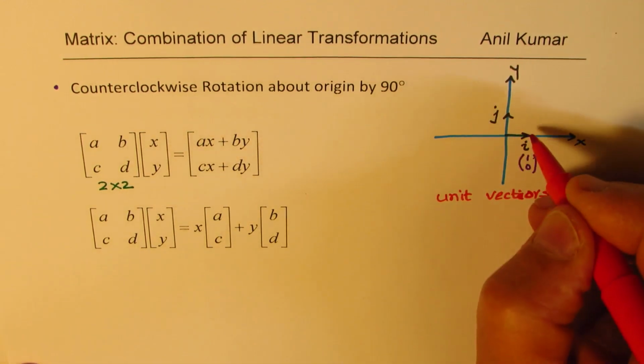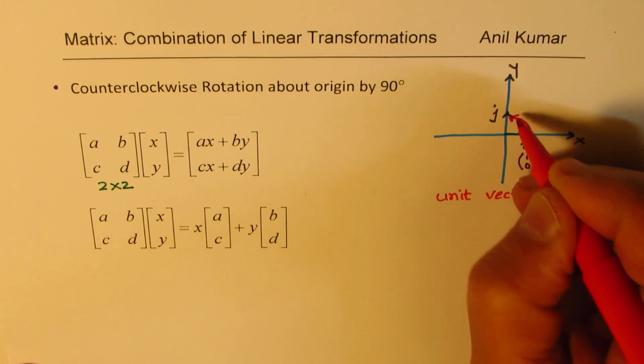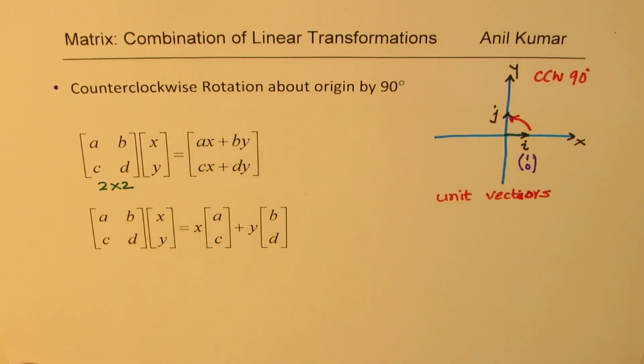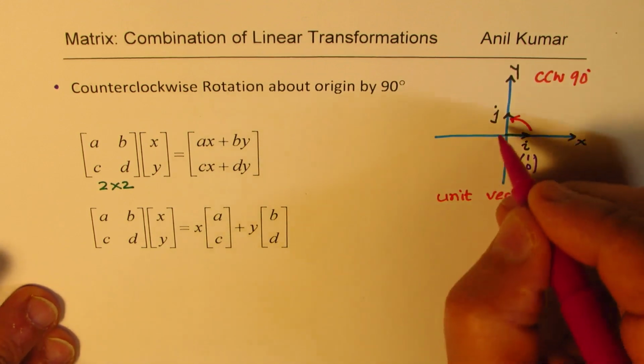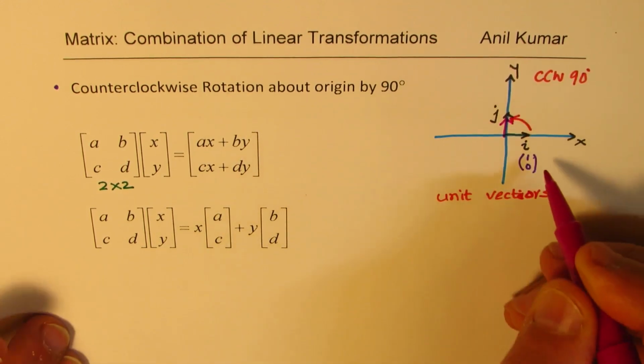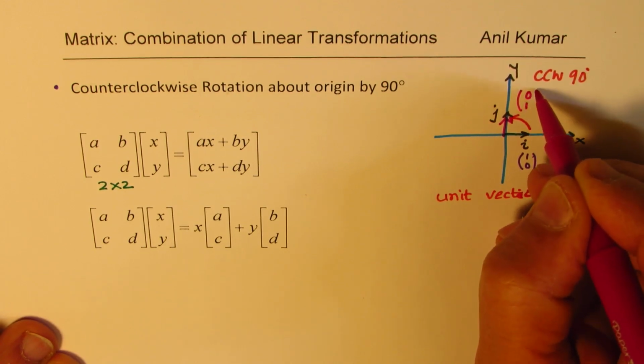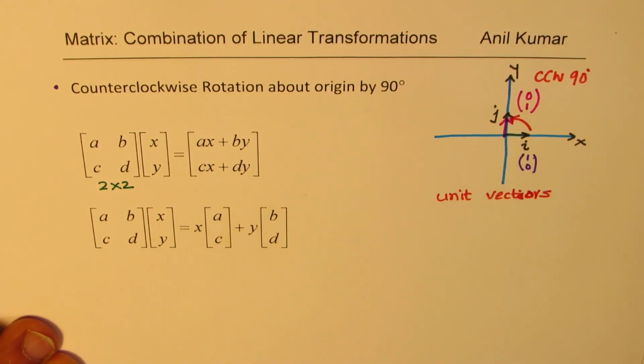Now if I perform this counterclockwise rotation by 90 degrees, what really happens? In that case, this unit vector will be represented on this side, and it will become (0, 1), correct? That is the transformation taking place.